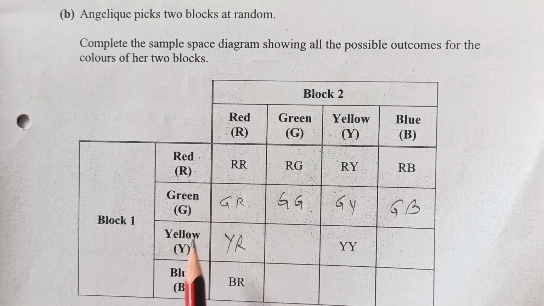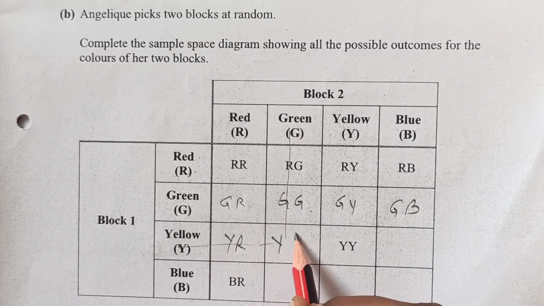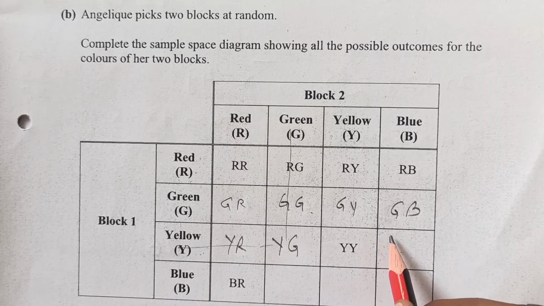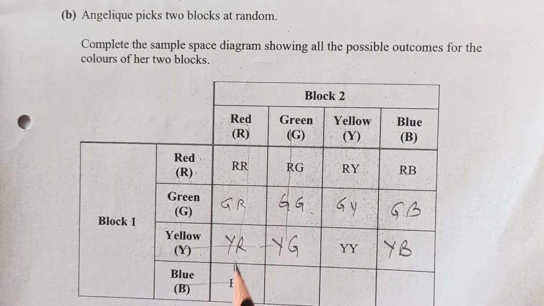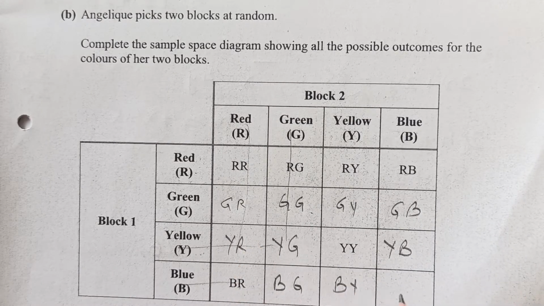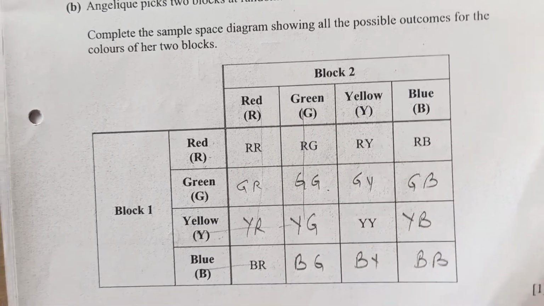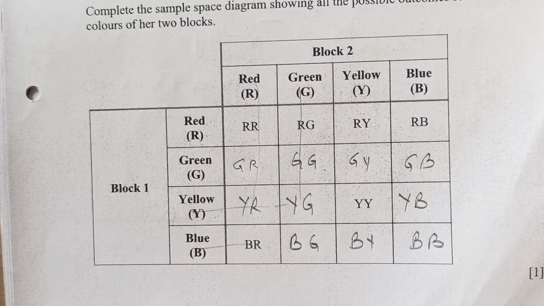This way we are going to go. We are writing this first: YG, YY and YB. Then we have BR, then BG, BY and BB. Okay, so that's how you can complete the table.